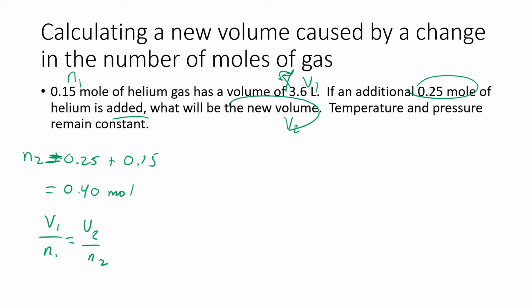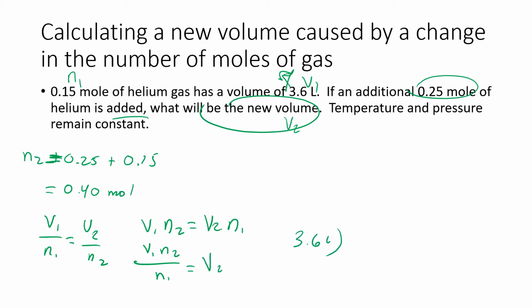We are trying to solve for V2, so we're going to cross multiply. V1 times N2 divided by N1 is my V2. Then we plug in our numbers like before. N2 is 0.40 moles.